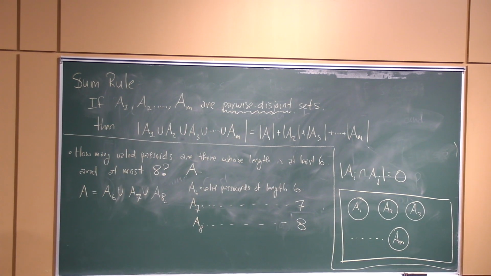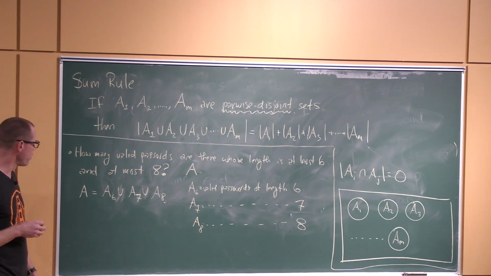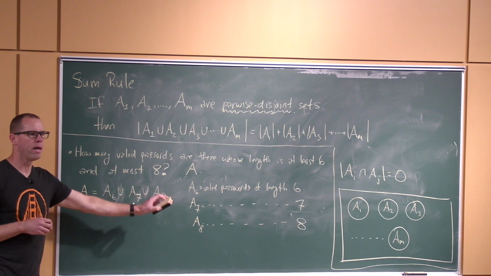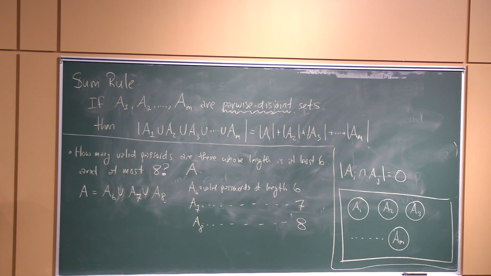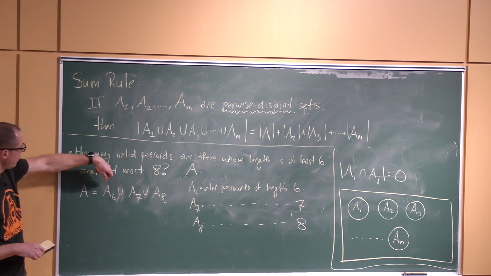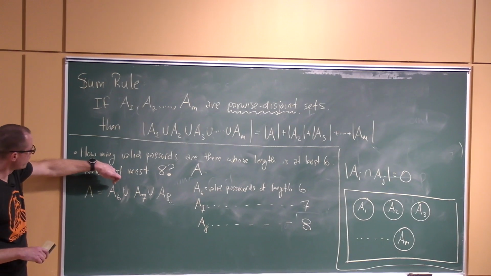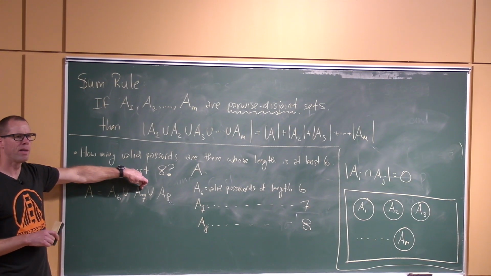So the set A that I'm interested in are the passwords whose length is 6, 7, or 8. So we use the sum rule. We need to make sure that these things are pairwise disjoint. Are there any passwords of length 6 that are also passwords of length 7?